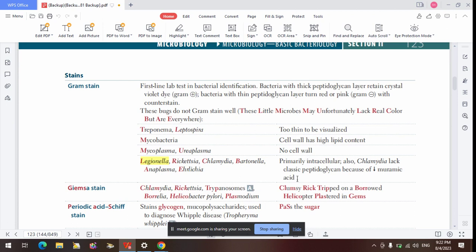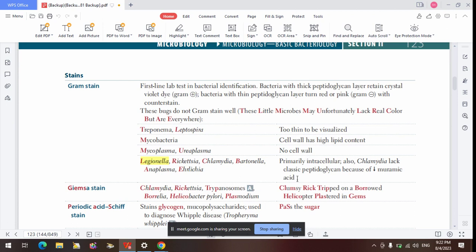Yes. So it is the thickness of the cell wall that will determine what you eventually see. A very thick cell wall is going to retain your primary stain, which is crystal violet. It will be resistant to the activity of your decolorizer. So it will appear purplish or violet color, purple.